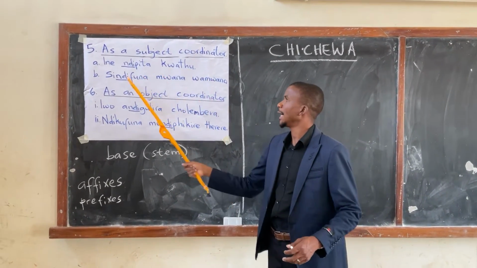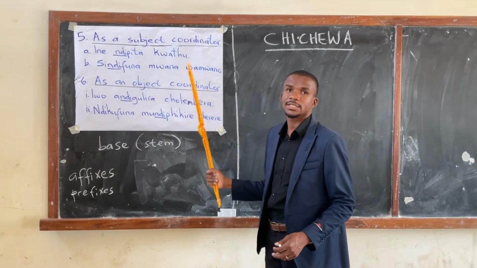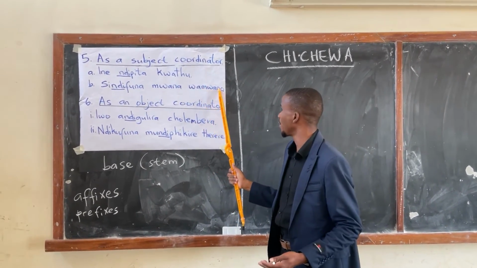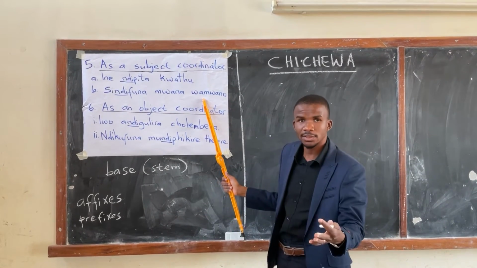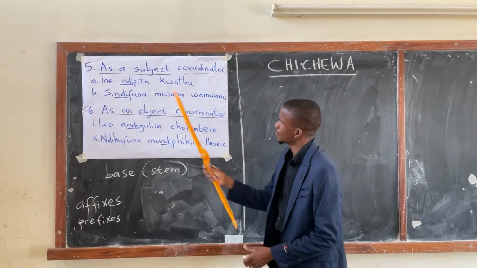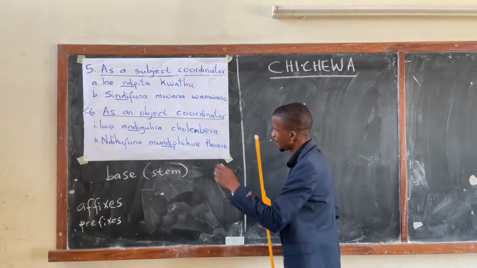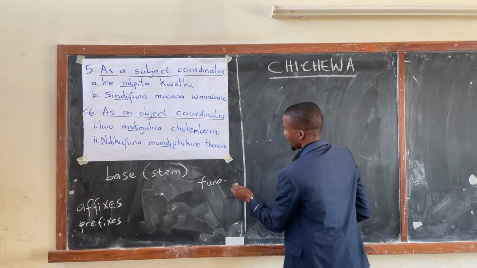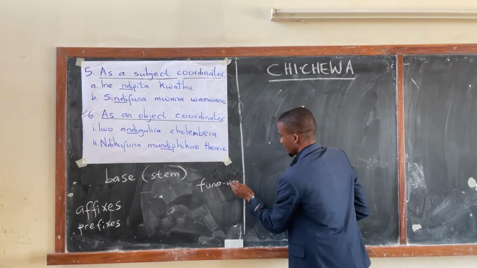So it's like I don't want a disobedient child or an impolite child. Woman can mean disobedient or impolite woman. Now let's look at sindifuna. We have funa, which is the stem. Funa, which means want.